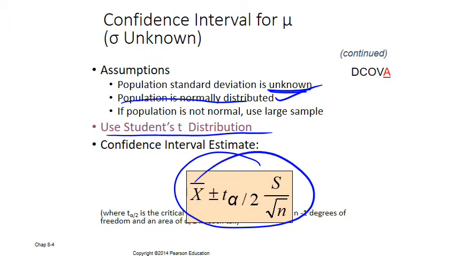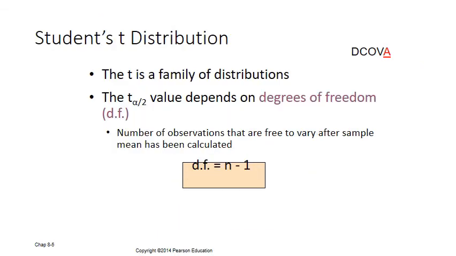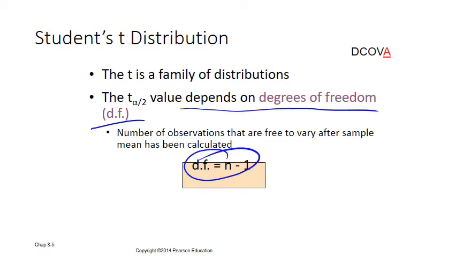Its formula is x bar plus minus t alpha by 2 with degrees of freedom n minus 1, where n is the sample size, which will be given. The t is a family of distributions, so the t alpha by 2 values depend upon the degrees of freedom. Degrees of freedom is n minus 1.